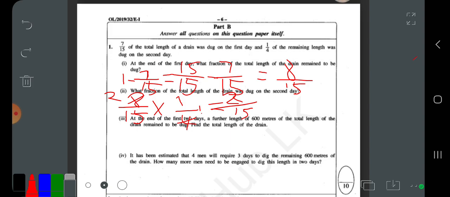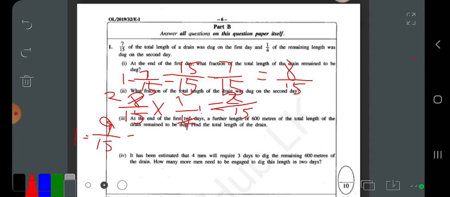So if we add, we get 9/15th already dug. So what is remaining then? What you need to do? From 1 you should subtract 9/15th.